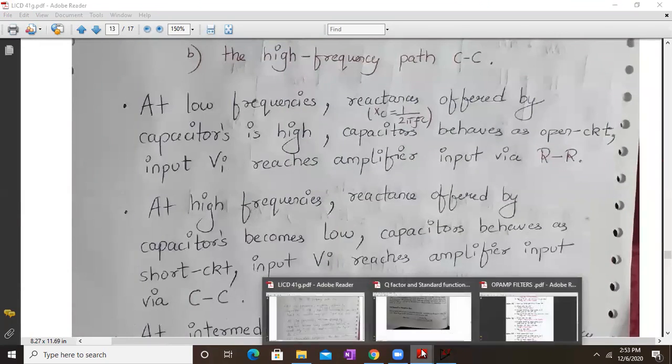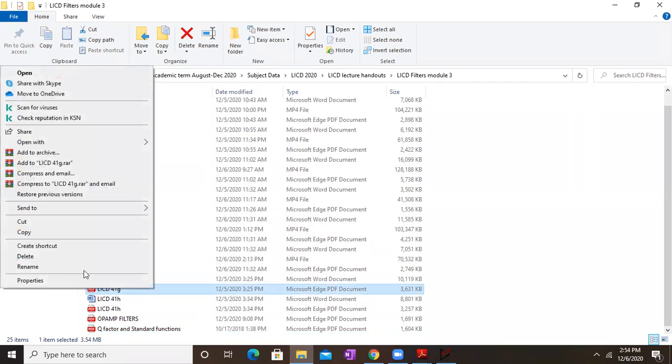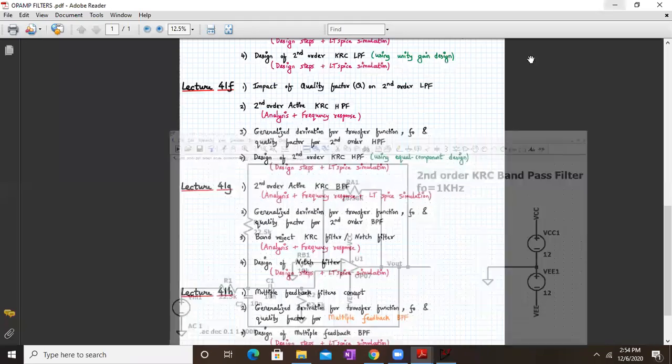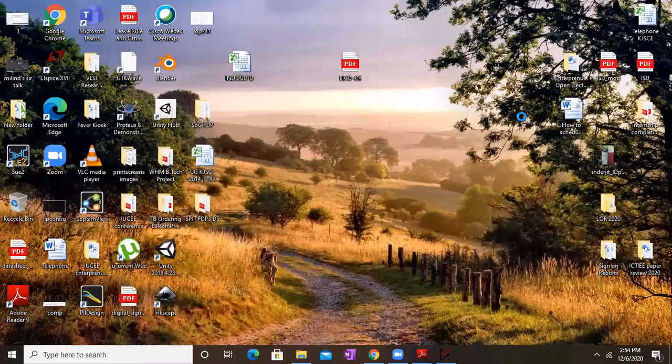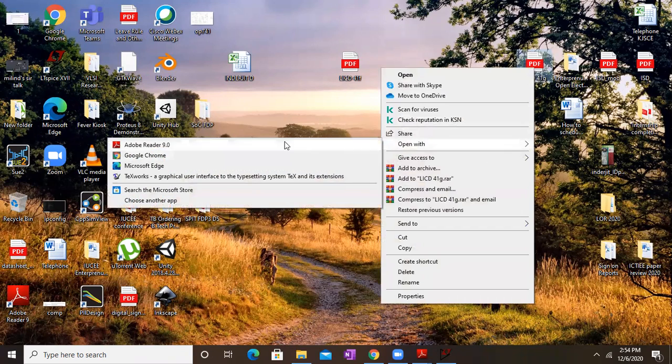So how does the working go? I think I have to open one more PDF of this. Let me do that quickly. I'll paste one PDF over here, and I have to open it because the circuit diagram is required for explanation.